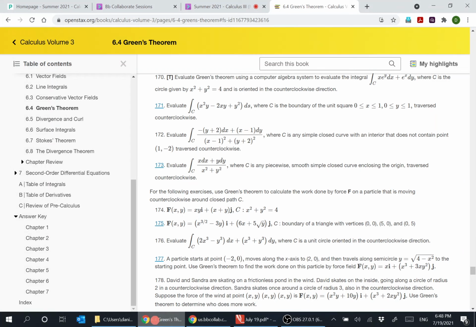So it must be that it's 0. Piecewise smooth simple closed curve enclosing the origin and traversed counterclockwise.